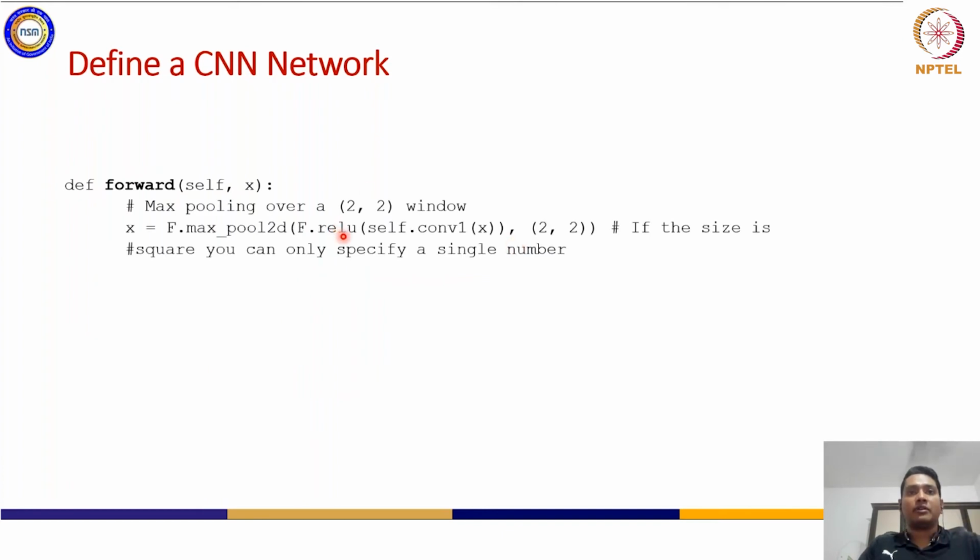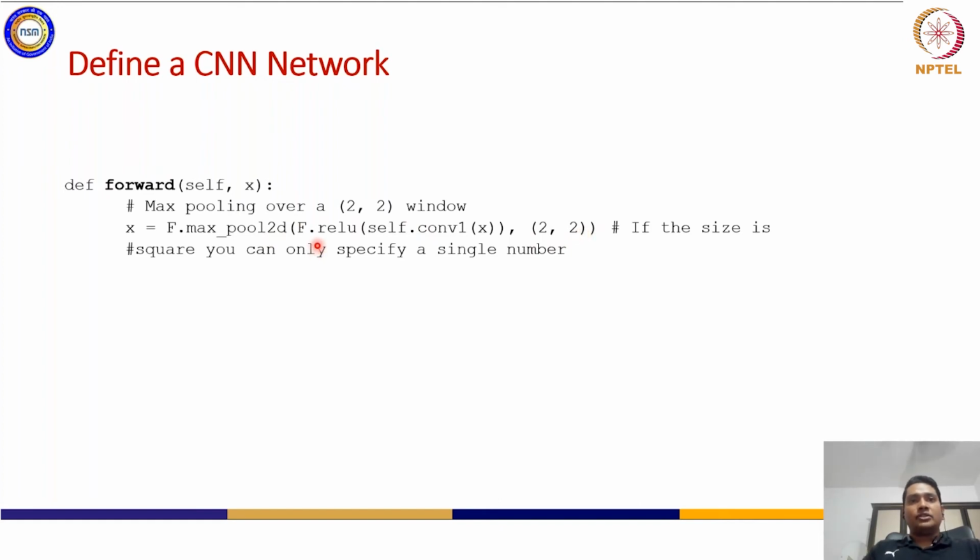Then we are applying one ReLU function, which is defined in this functional. This F is nothing but the functional API of PyTorch. While doing the demonstration, we will see the usage of this, but this is how you define it. So F.relu gives you access to this nonlinear function that will be applied on this output tensor. And then we are applying max pool, which is the subsampling with 2 by 2 parameter.